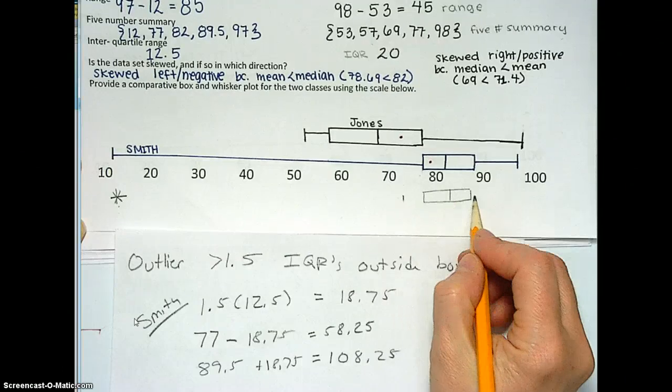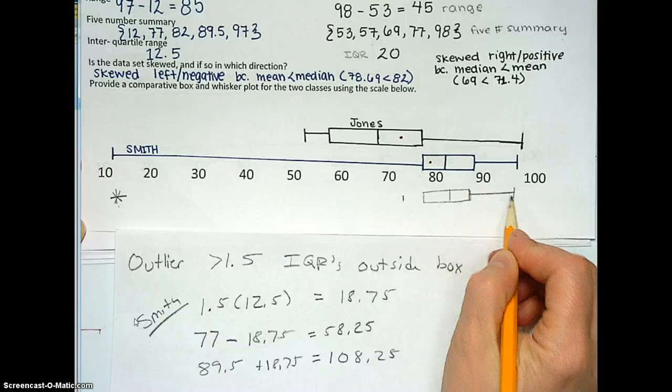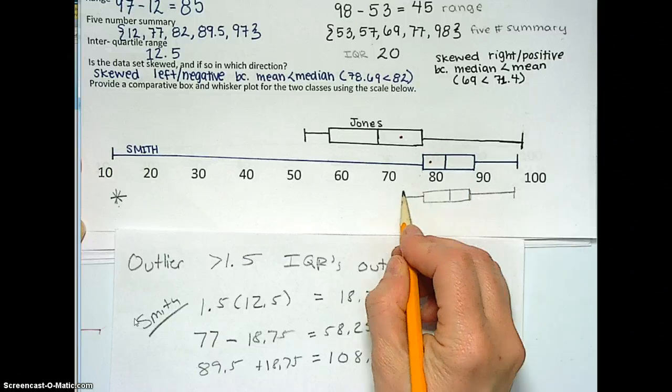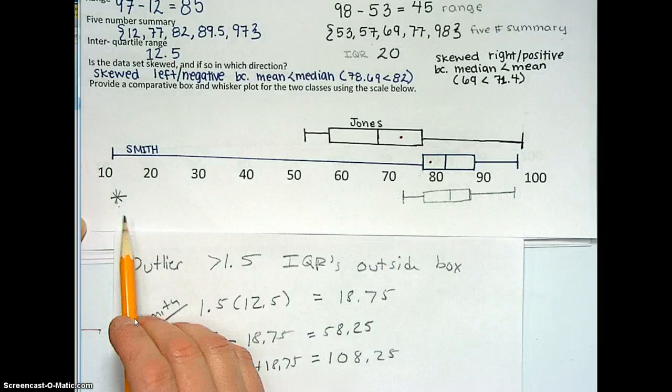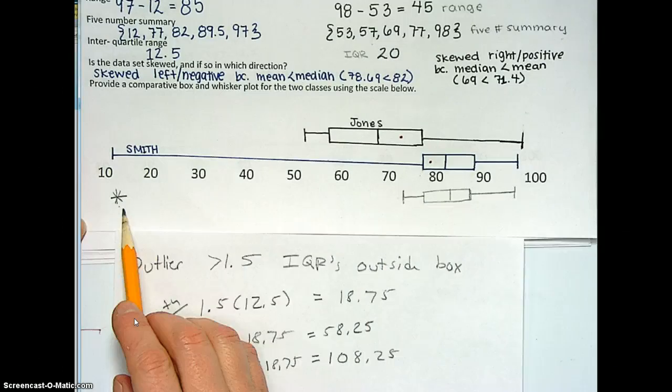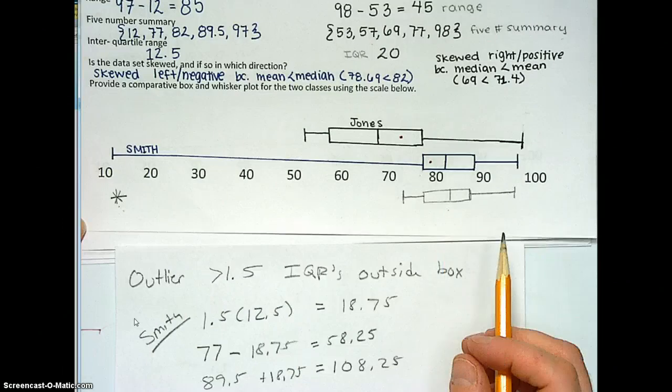The third quartile and the whisker don't actually change because of what gets removed. So a lot of places would completely remove the outlier and then draw this as the box and whisker plot for Miss Smith's class. So just a few more little tidbits on box and whisker plots.